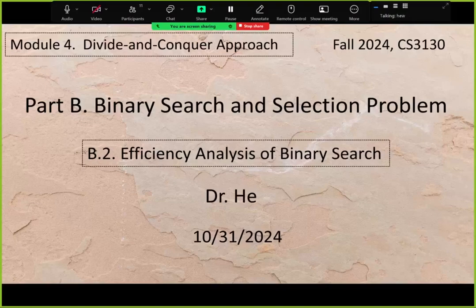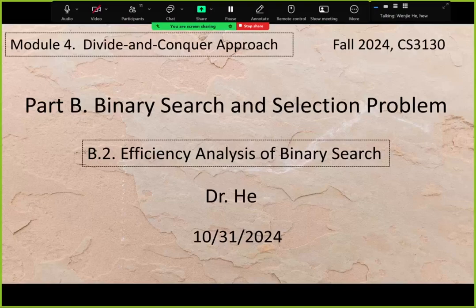Best case, worst case, average case. 3 cases. Best case, easy. Best case, 1 comparison. You're very lucky. When you make your first comparison, you find the element corresponding to your search key. You're done. That's the best case.